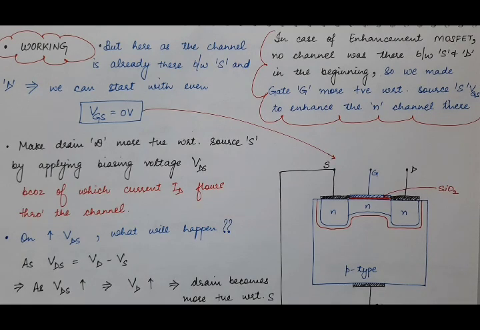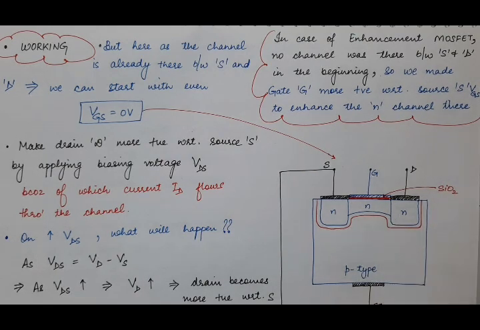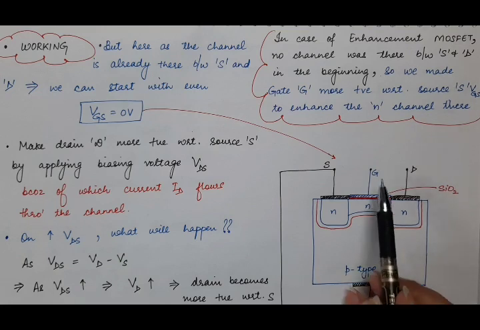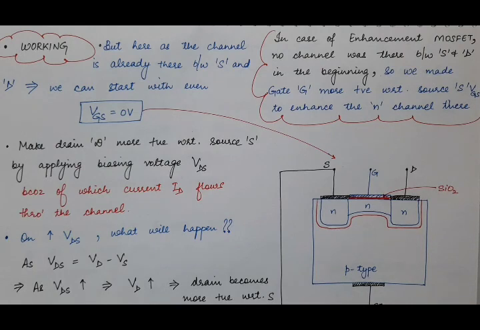But in the case of depletion type MOSFET, as you all know, the channel is already there from the very beginning. So that is why from the start we don't need to make this gate terminal positive with respect to this source. Here we can start with VGS equal to 0 volt.